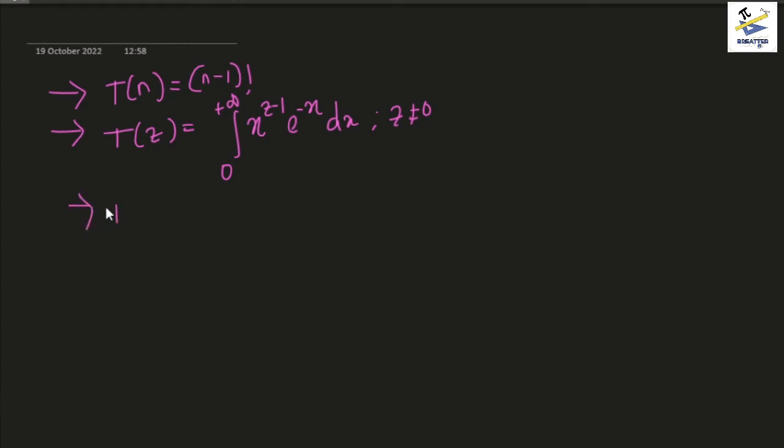Now there was a recursion for all real numbers, which is just gamma of s equals s minus 1 into gamma of s minus 1, where we had s greater than 1, right?